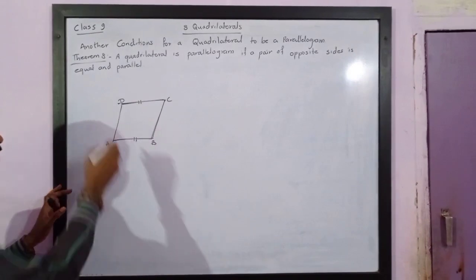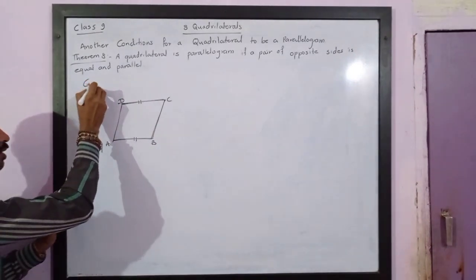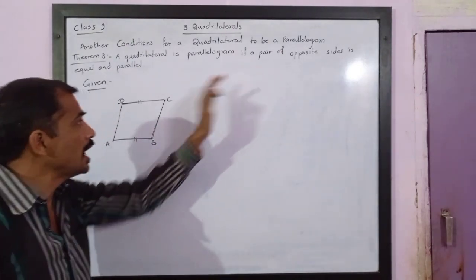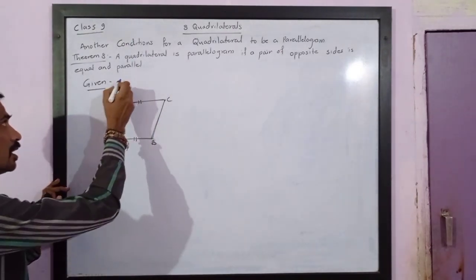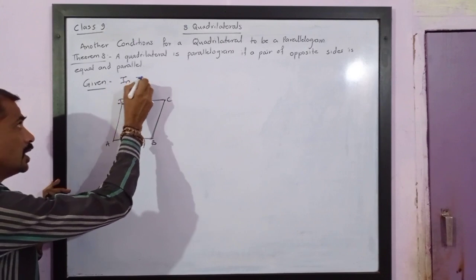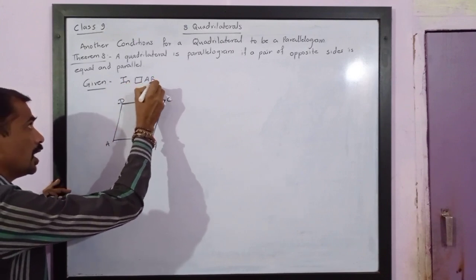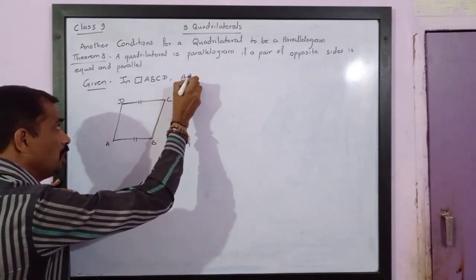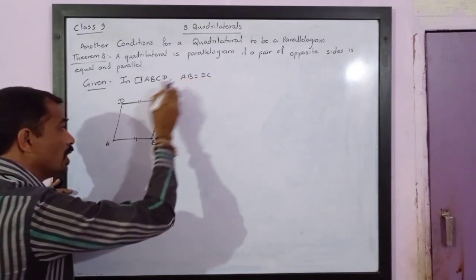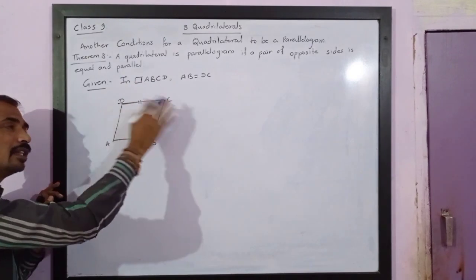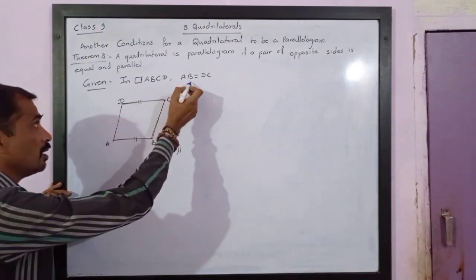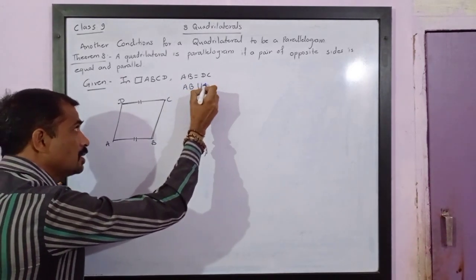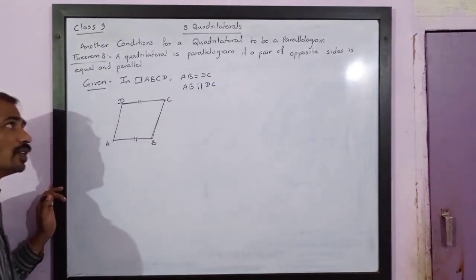Let us try to prove this. We are given that one pair is parallel as well as equal. It means in quadrilateral ABCD, AB is equal to DC. We have taken one pair. Another condition is AB is parallel to DC. This is also given to us.